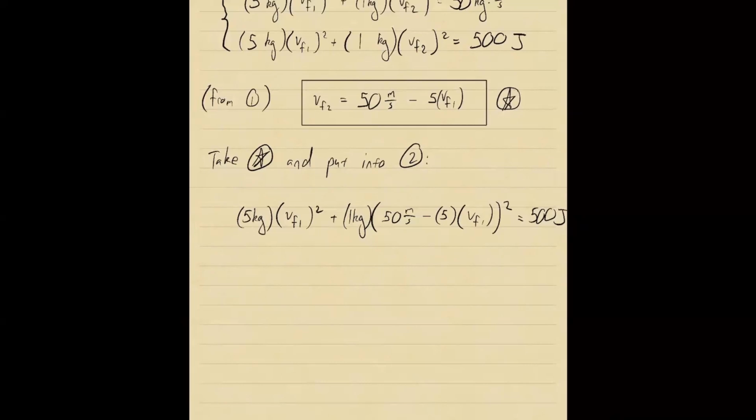So this ends up being equal to 30 times the final velocity for our first ball squared minus 500 times the final velocity for the first ball plus 2000 joules is equal to 0.